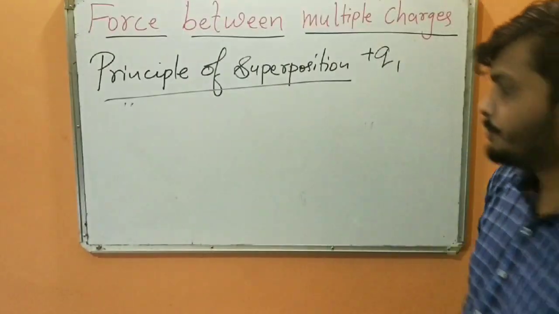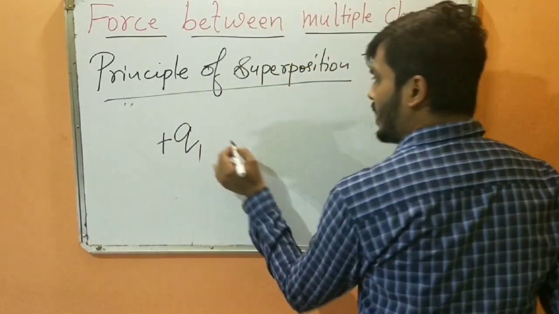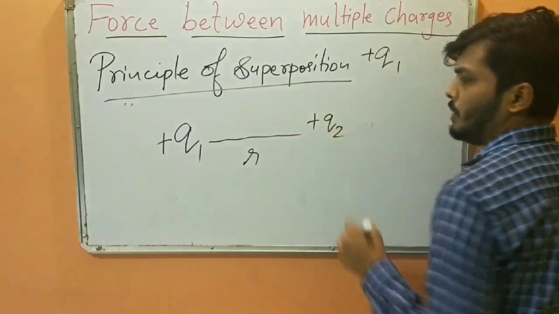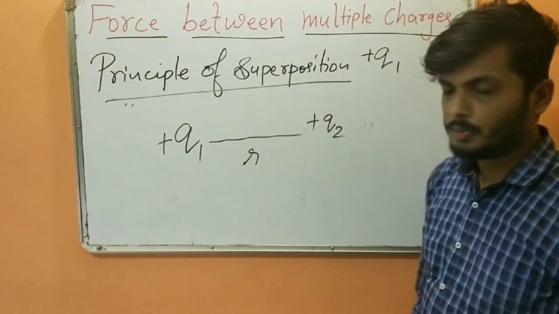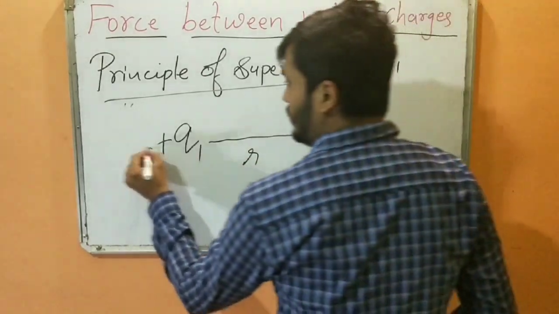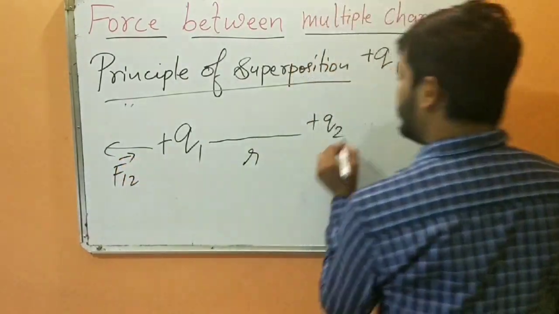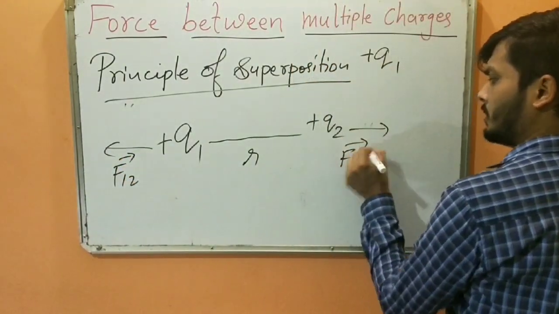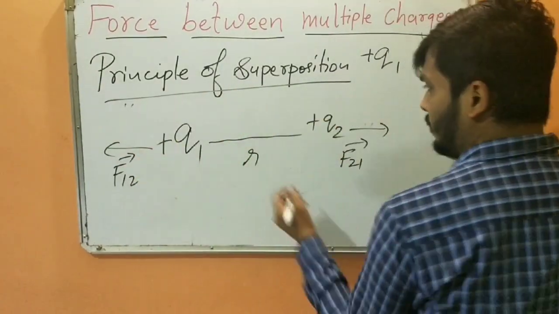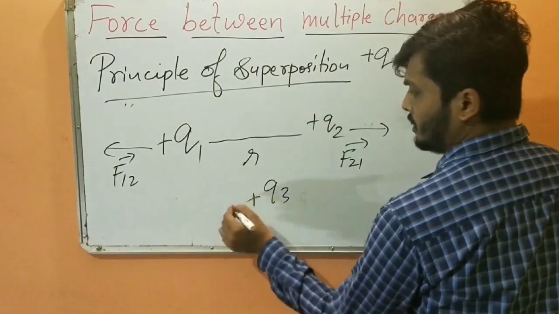Suppose there is one charge plus Q1, at a certain distance r, and here is another charge Q2. Between these charges there will be an electrostatic force of repulsion. They will go away from each other. This one will suffer a force F12, this one will suffer a force F21: force on 2 due to 1, force on 1 due to 2. But what if a third charge comes into existence here, maybe somewhere here, Q3?